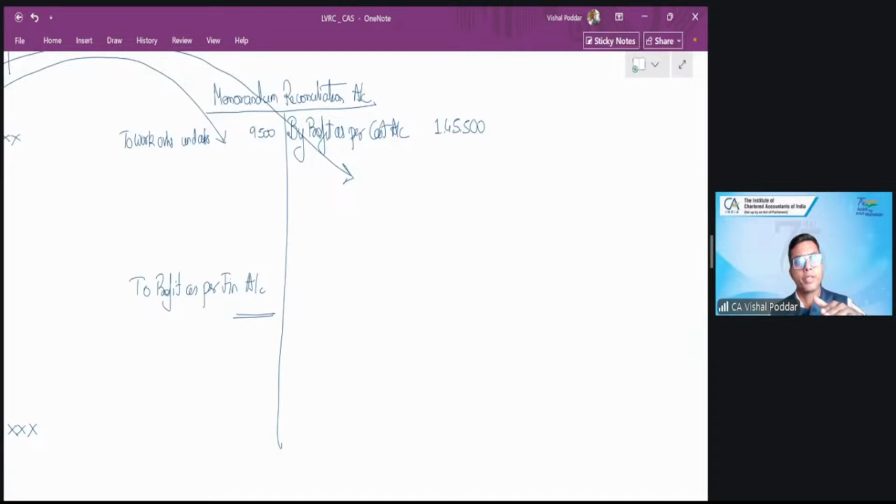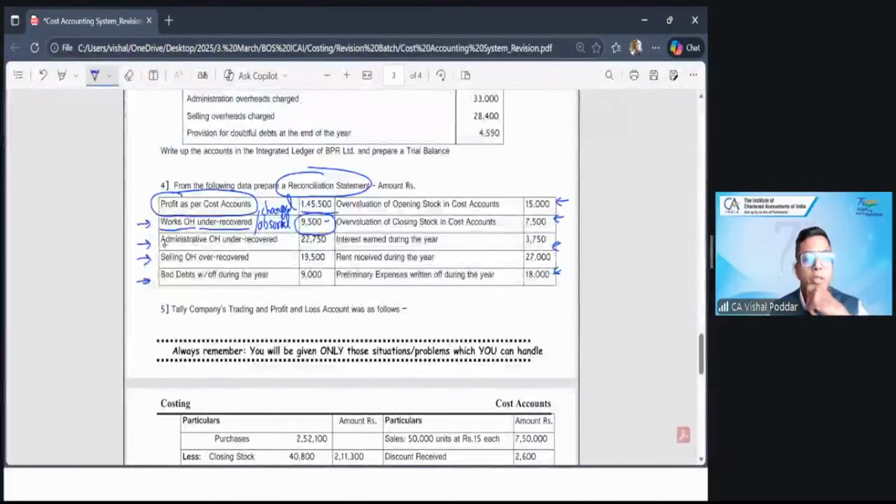And in this sum, our starting point is costing profit. Please remember this. So you also have to check what the starting point is. My starting point is your costing profit. So since my starting point is costing profit, I have to climb down. I will come down and hence it will be less. Administrative overheads under recovered, same treatment.